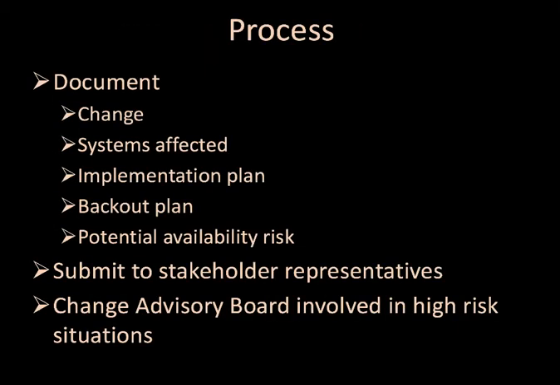The change process begins with submission of a change request to the team responsible for managing the change management process. This should be a step in every project plan. Change request documents include a description of the change that is detailed enough to ensure signatories can determine if a problem exists, a list of all systems and network devices affected, including relevant network and data flow diagrams, a detailed implementation plan, and a detailed backout plan for use if things don't go well during implementation.